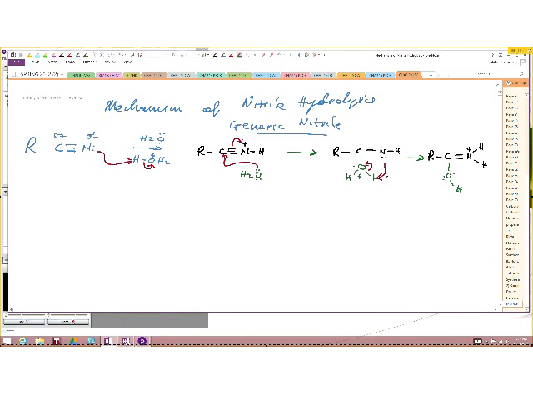Okay, now this is an unstable intermediate. What will happen here? Another water molecule will come in.